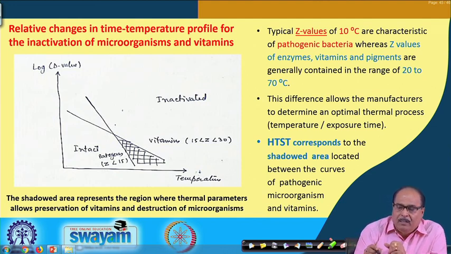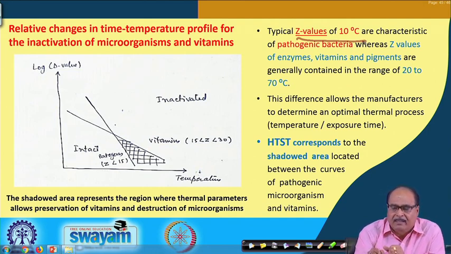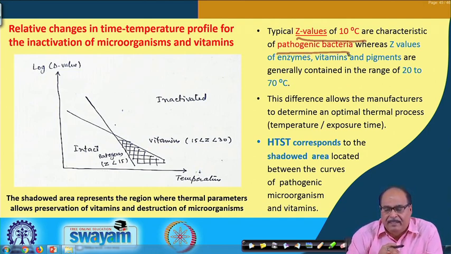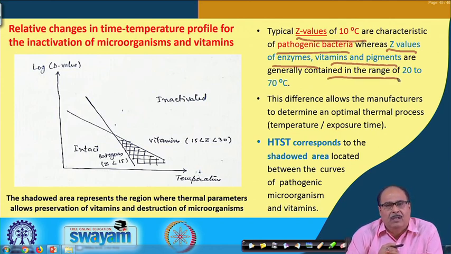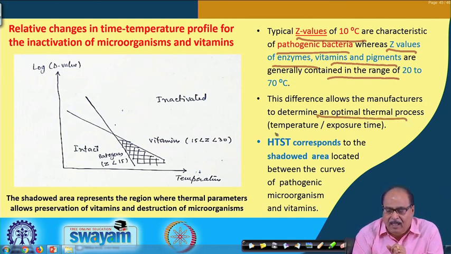For example, Z values of around 10 degrees Celsius are characteristic of the pathogenic bacteria, whereas Z values for enzymes, vitamins and pigments are generally found in the range of 20 to 70 degrees Celsius. And this difference allows the manufacturer to determine an optimal thermal process condition, like a combination of temperature and exposure time.